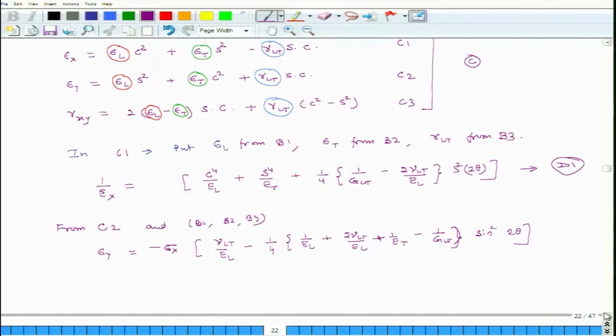So, this is the strain in the y direction caused due to stress on the x axis.